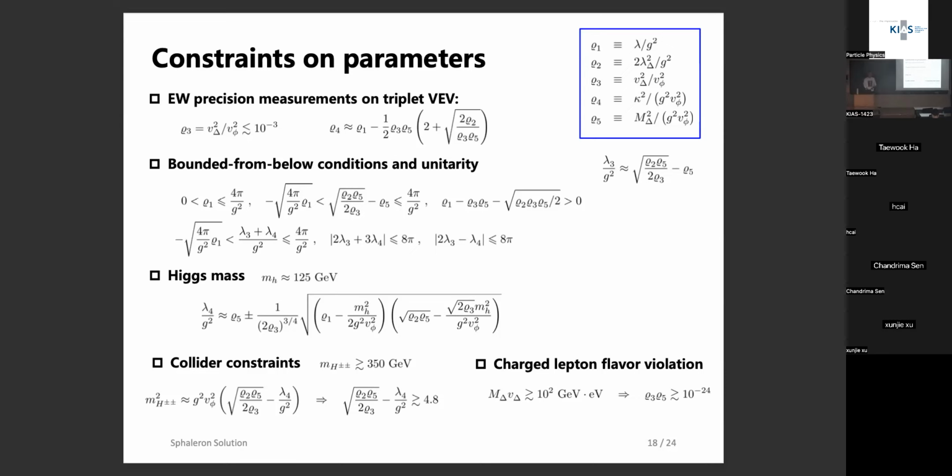So I think you really need to compute this condition for the first order phase transition. Yeah, there's already some work, a very recent work from March of last year, which studied the gravitational waves and the first order phase transition in this model, and they find there is some viable space for a strong first order phase transition, but they didn't study the Sphaleron or the baryogenesis.